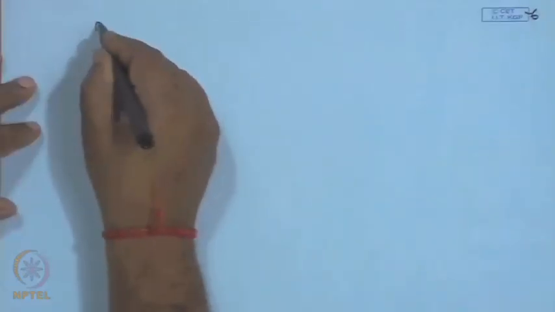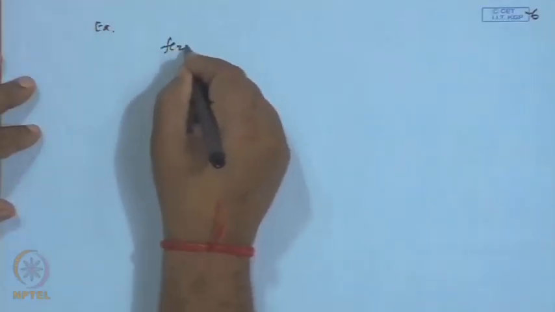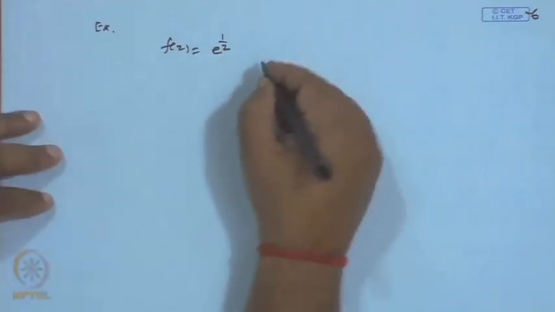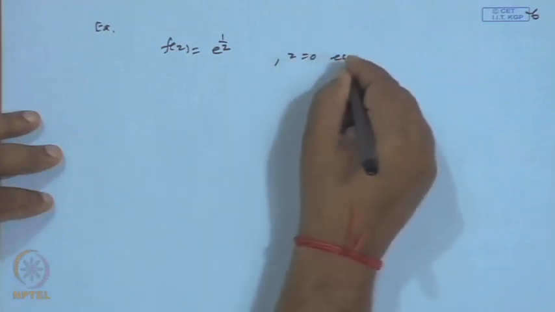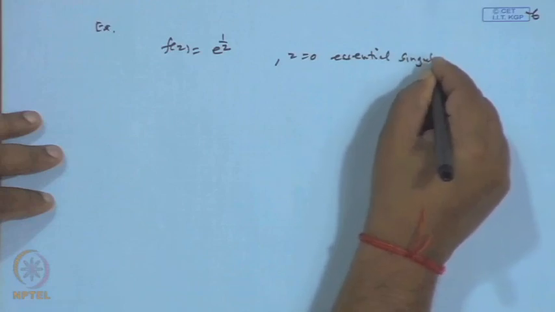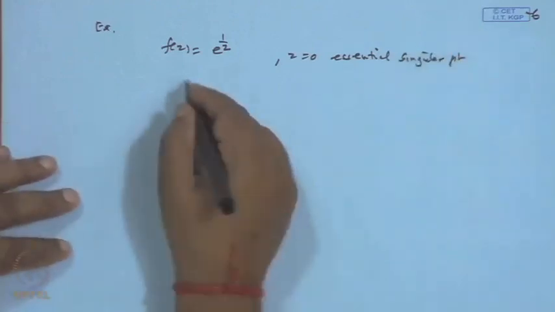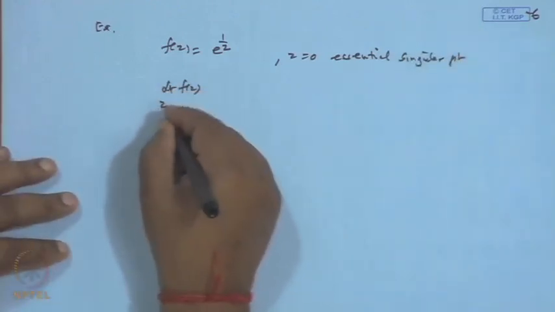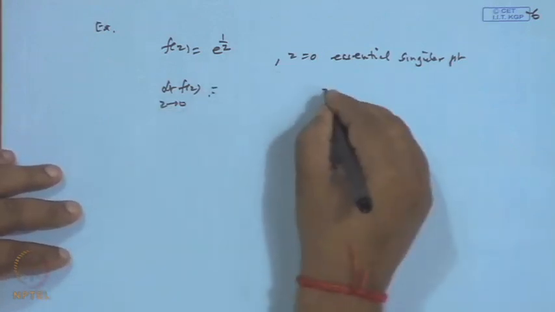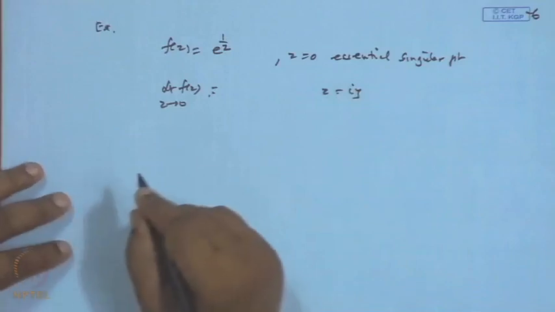For example, if we take the function f(z) equal to e to the power 1 by z. We have already seen that z equal to 0 is an essential singular point. Now consider the limit of this function f(z) when z tends to 0. If I take z to be iy, then what happens?